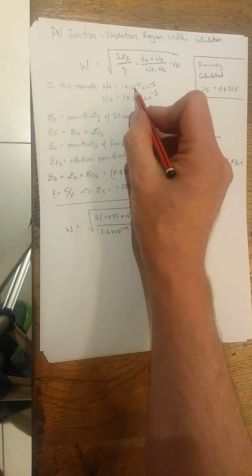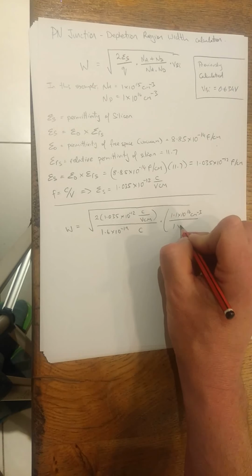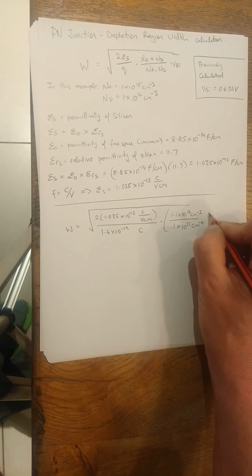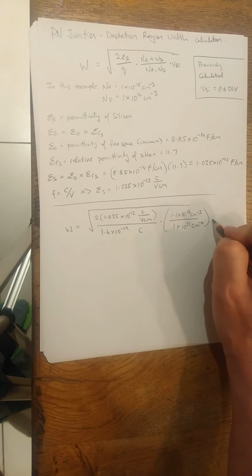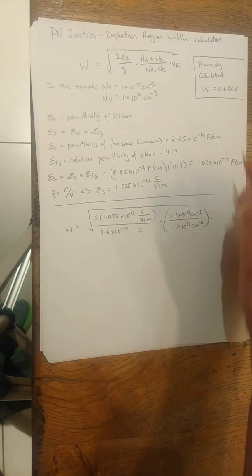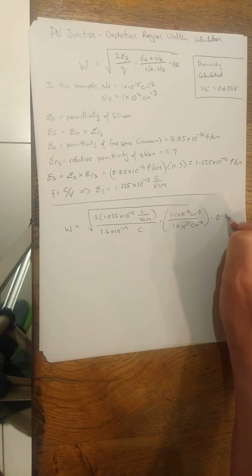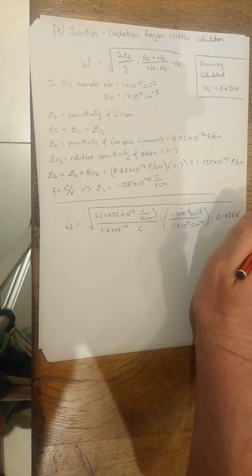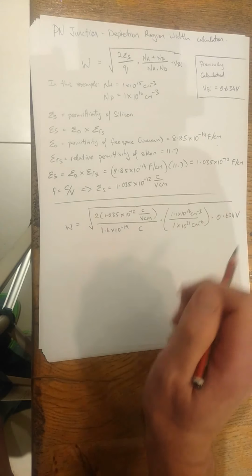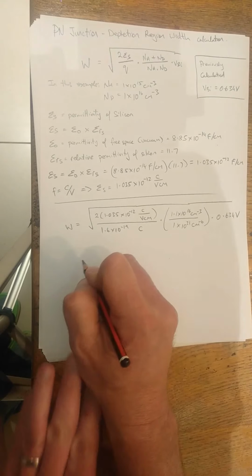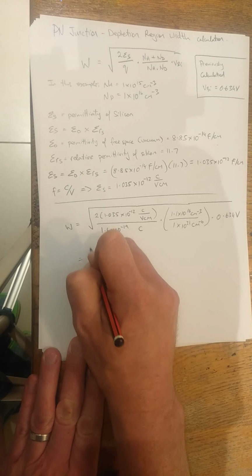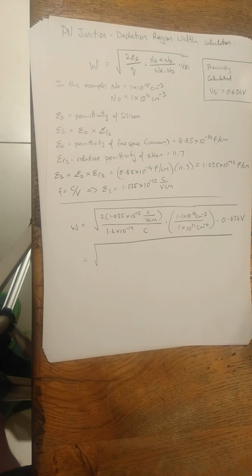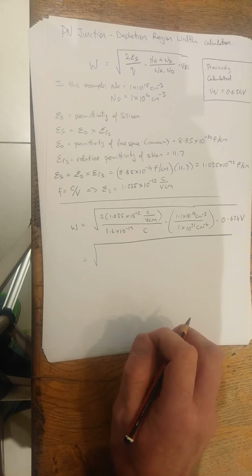Under the line you have Na multiplied by Nd, which is 1 multiplied by 10 to the power of 31 per centimeters to the power of minus 6. And then that is multiplied by VBI, which we previously calculated to be 0.634 volts. Okay. Now, what can we do here? Okay, so we are going to work out a little bit of the numbers here.